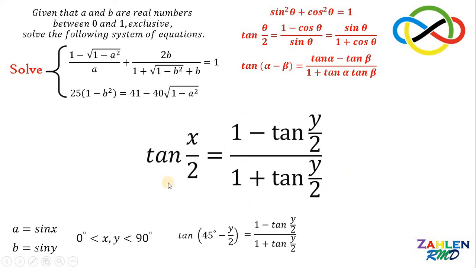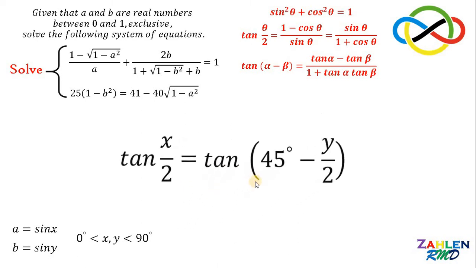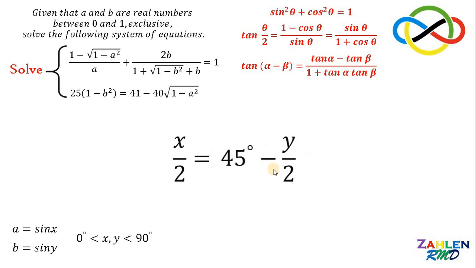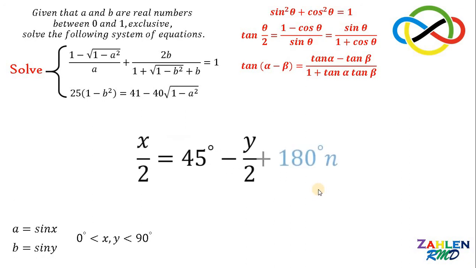Thus, we can say that tan(x/2) is equal to tan(45° - y/2). Now, at this point, we can say that x/2 must be equal to 45° - y/2, and don't forget to include multiples of 180 degrees.